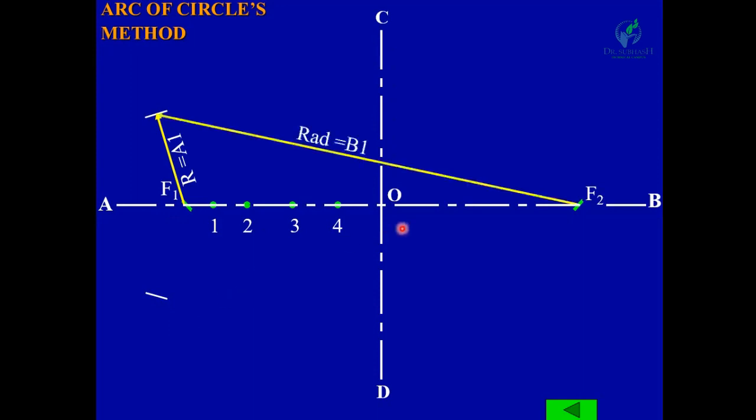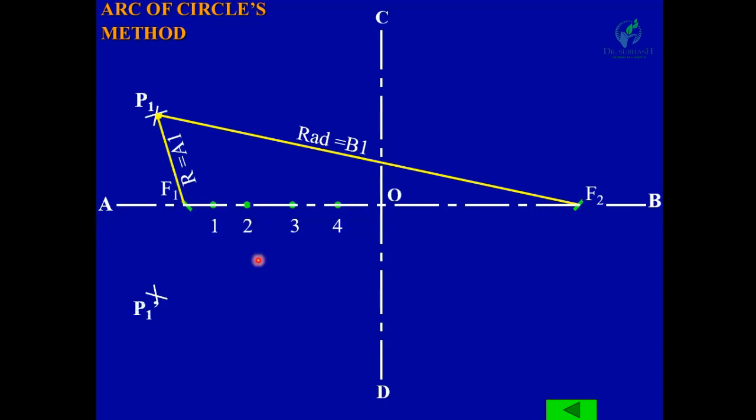Now center F2 and radius equal to B1, and draw arcs. Okay, so the intersection points of these are P1 and P1 dash.